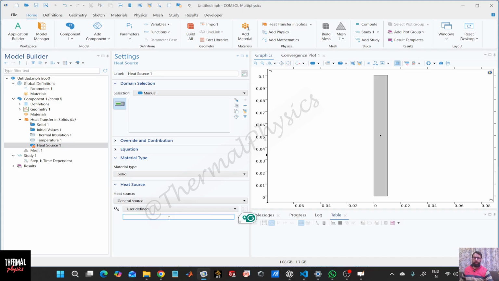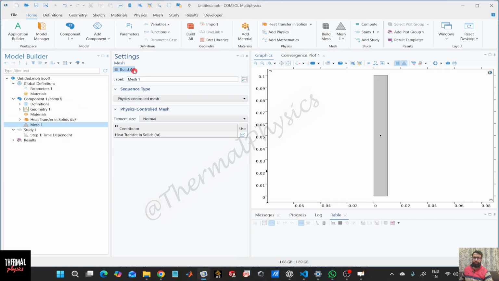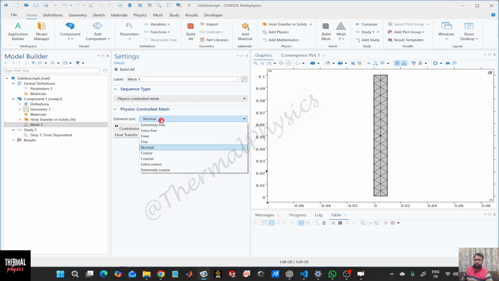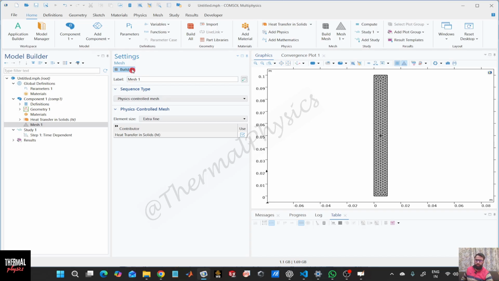This is what we have given, 10 to the power 6 watt per meter cube, and we have to select the domain. Now this is generating this amount of heat.